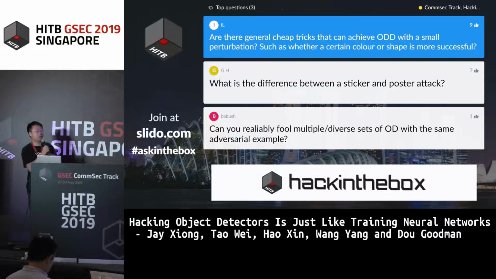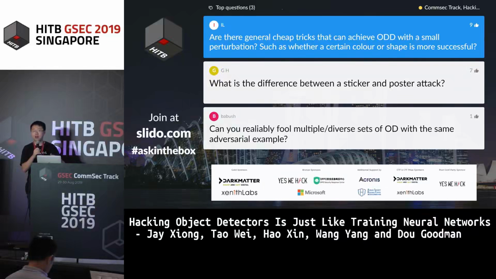But I think it's more like a functionality question about the model itself. Maybe the object detectors are less sensitive or less effective in some scenarios. Maybe it can be improved from the training process.